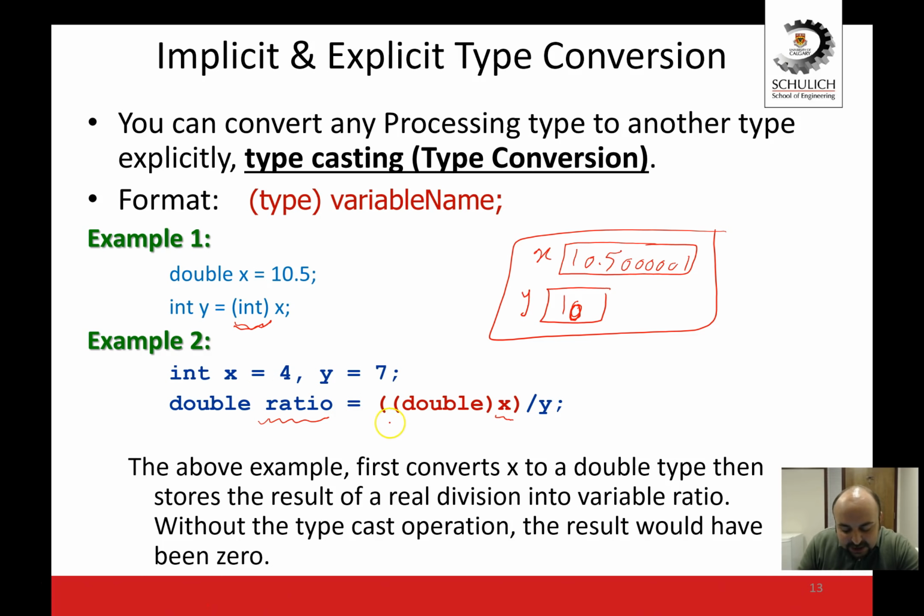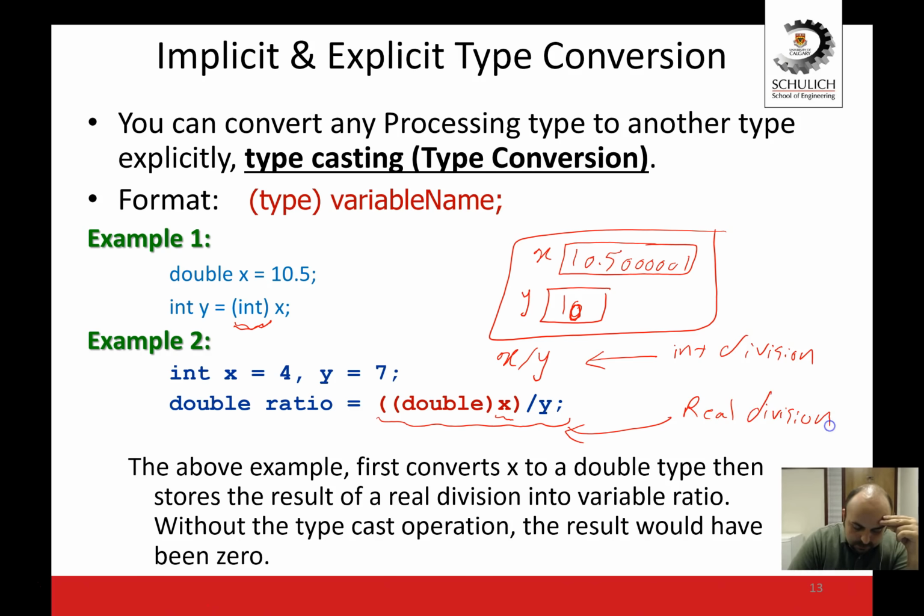So this actually turns into a double division, or real division. If you have x divided by y, that is an integer division. Since here we're doing the typecasting, this is now a real division.